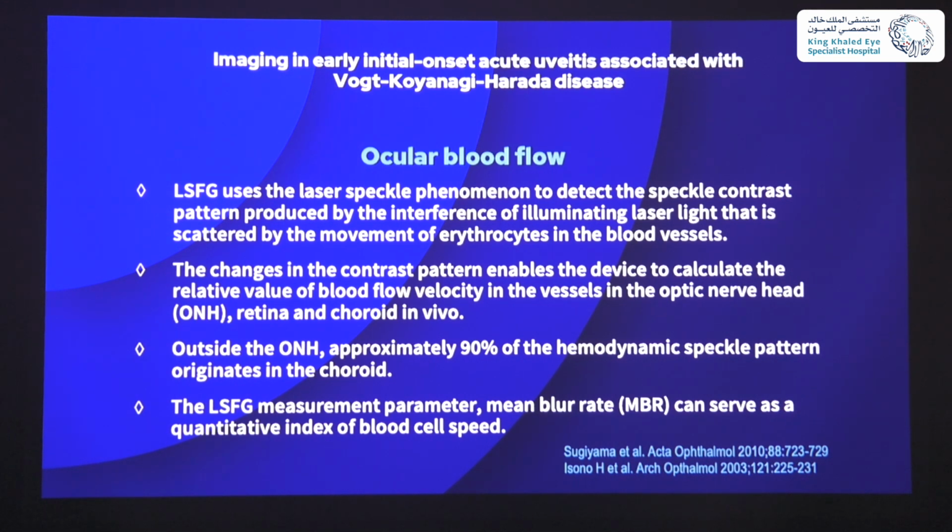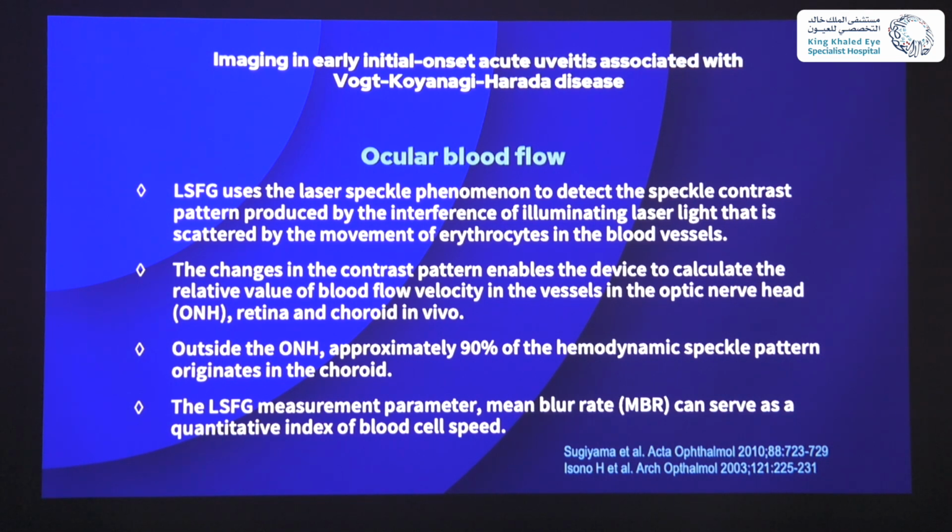So the laser speckle photography uses the laser speckle phenomenon to detect the speckle contrast pattern produced by the interference of illuminating laser light that is scattered by the movements of erythrocytes. So it depends on detecting the movement of erythrocytes in the blood vessels. The changes in the contrast pattern enable the device to calculate the relative value of blood flow velocity in the vessels in the optic nerve, choroid, and retina.